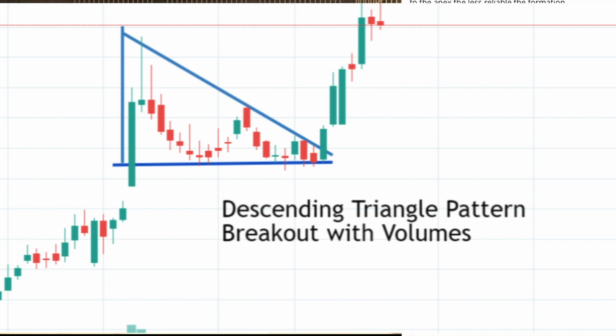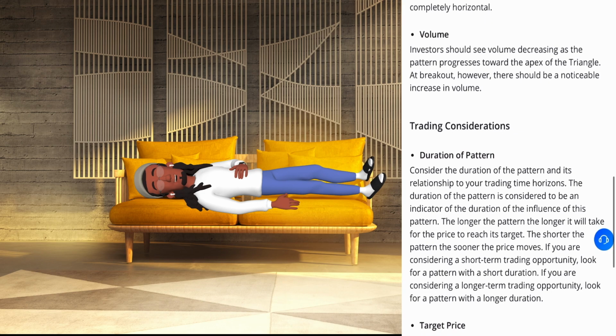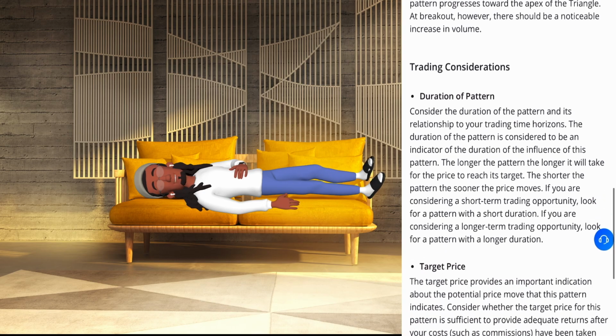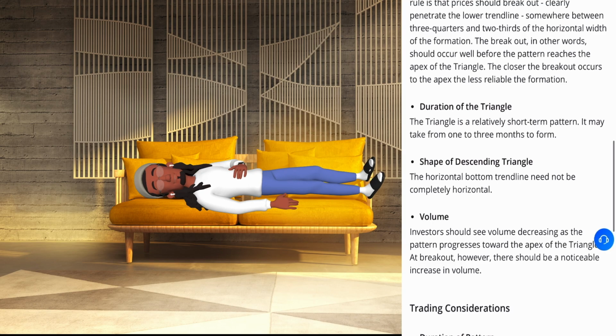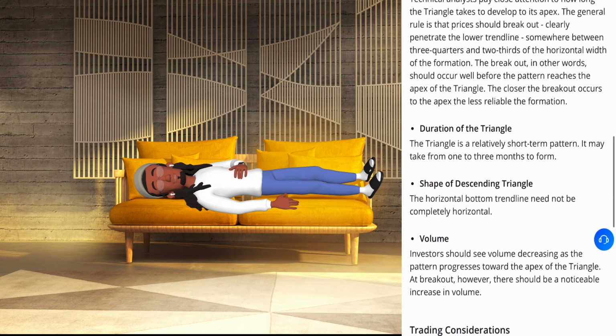Volume. Investors should see volume decreasing as the pattern progresses towards the apex of the triangle. At breakout, however, there should be a noticeable increase in volume. All right. So again, if we're day trading, we may be looking at these patterns, but we may be looking at them on a shorter time frame.